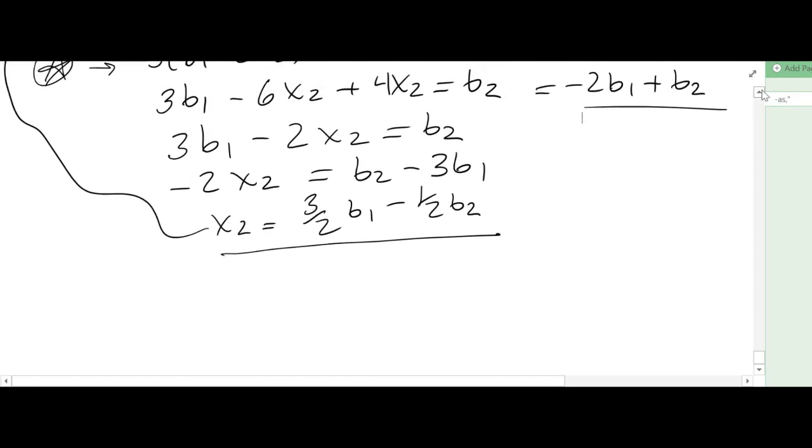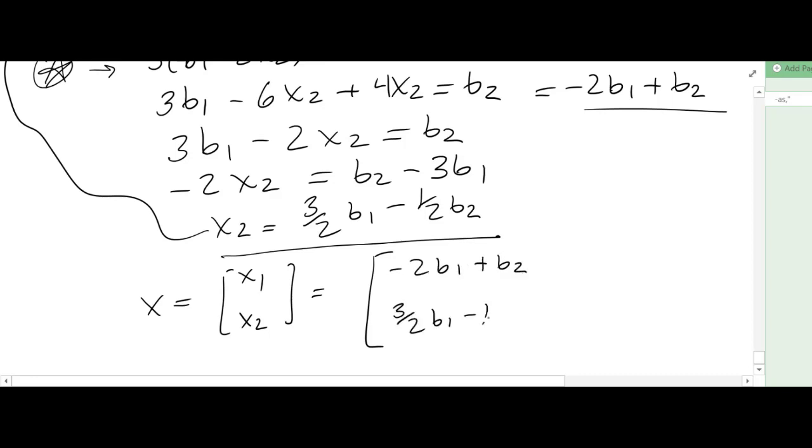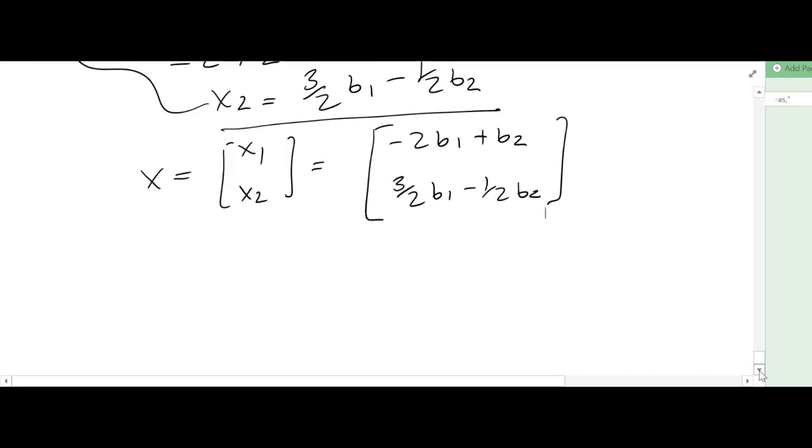So x is x1, x2, which is negative 2b1 plus b2, and 3 halves of b1 minus a half of b2. If you take the coefficients of the b1s and b2s, you get the inverse matrix.